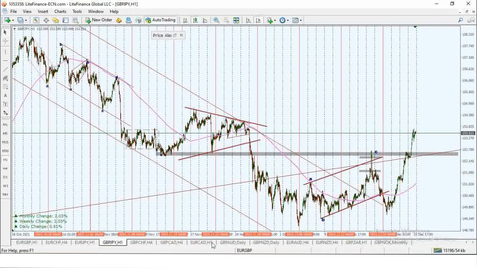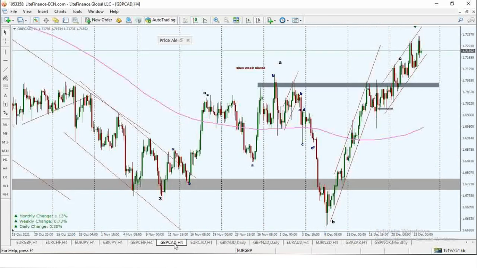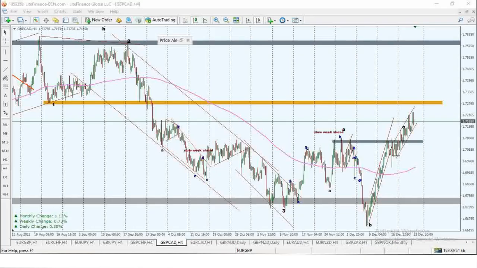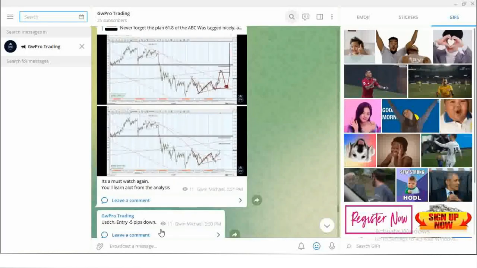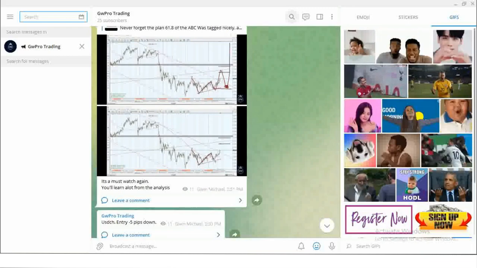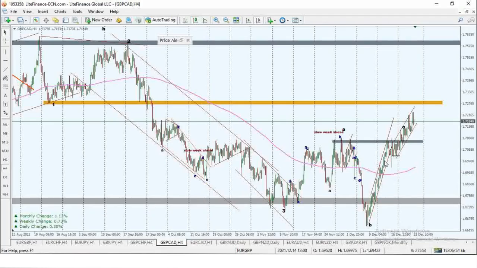Let's look at what we could be doing also in the week. We talked about GBP/CAD as well. For GBP/CAD here, once price completes the wave C here, it's the best time to look for short opportunities.